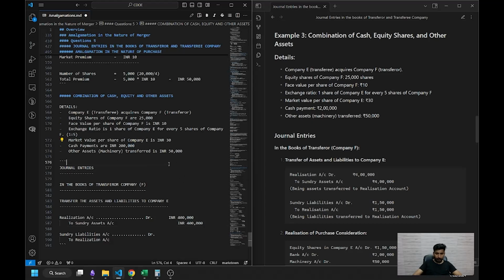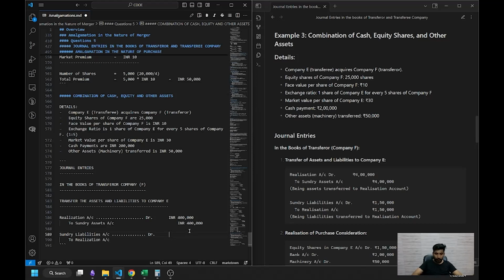Now, how did this amount come? 2 lakhs for the cash payment and 2,50,000 for the equity share capital. And the assets that have been transferred will be subtracted. This will make it 2 lakhs plus 2,50,000 minus 50,000.